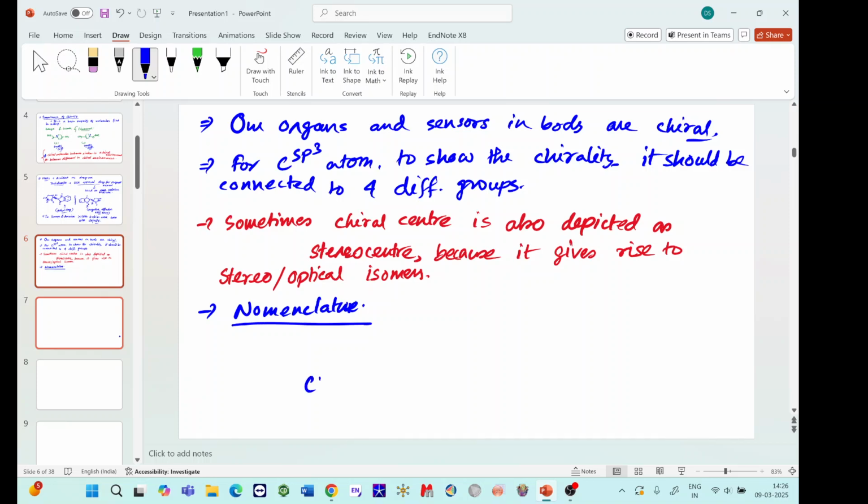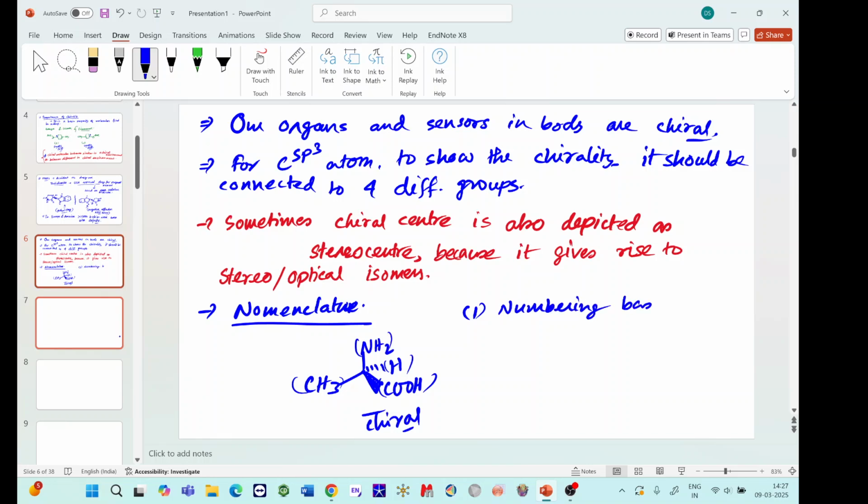Suppose you have this compound: CH3, NH2, H, COOH. This is our molecule. You can see these are all different fragments, so this molecule is chiral. You are sure about it. Now, the first thing we have to do is numbering based on atomic numbers.